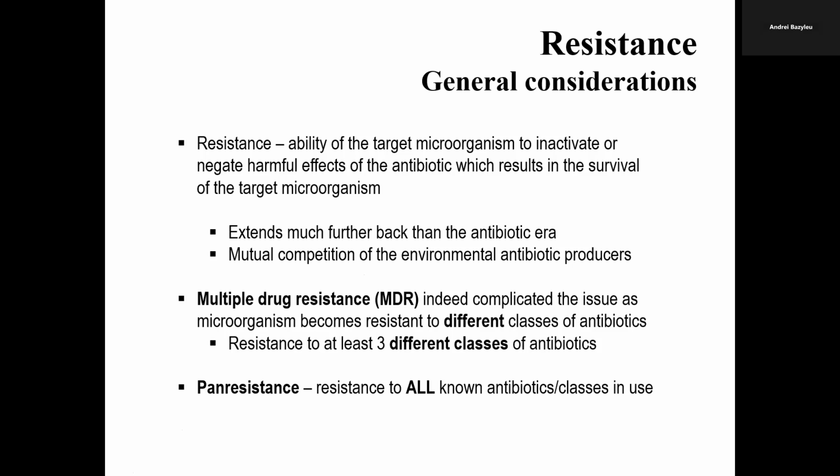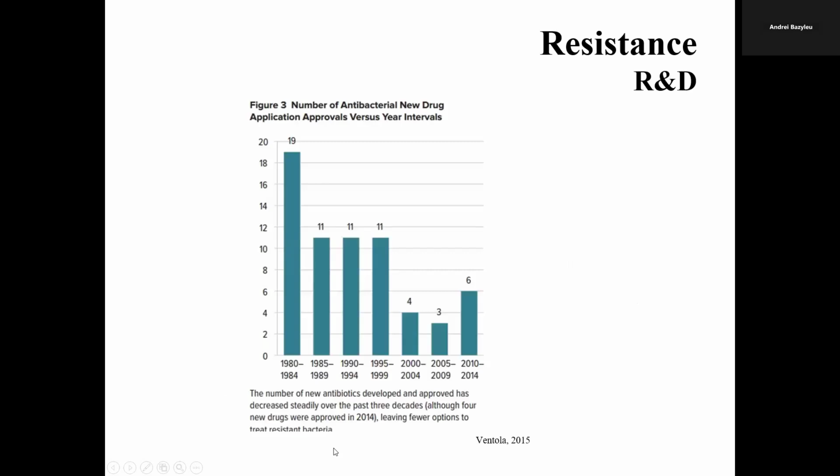So obviously they have a much lower chance of surviving this infection. We'll look at some of the representatives. We'll discuss the mechanisms, but for now, just know the definitions.